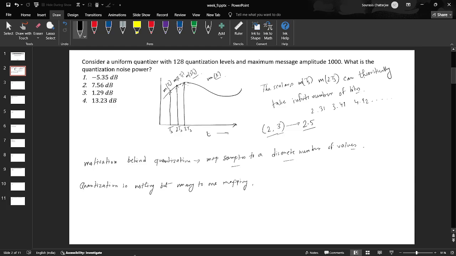So you can see here, if we look at this example, all samples in an interval is mapped to a unique value.